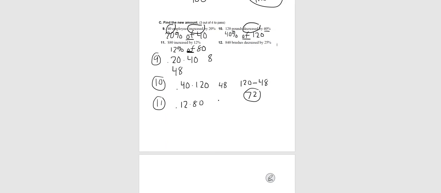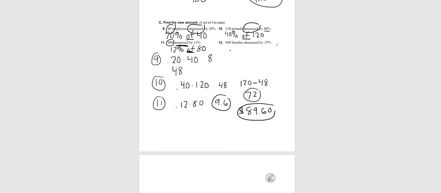And that's going to give us 9.6. That's what 12% of 80 is. And now we need to take 80 and increase it by 9.6. So we're going to add those two together, and we would get 89.6, an $89.60 increase.